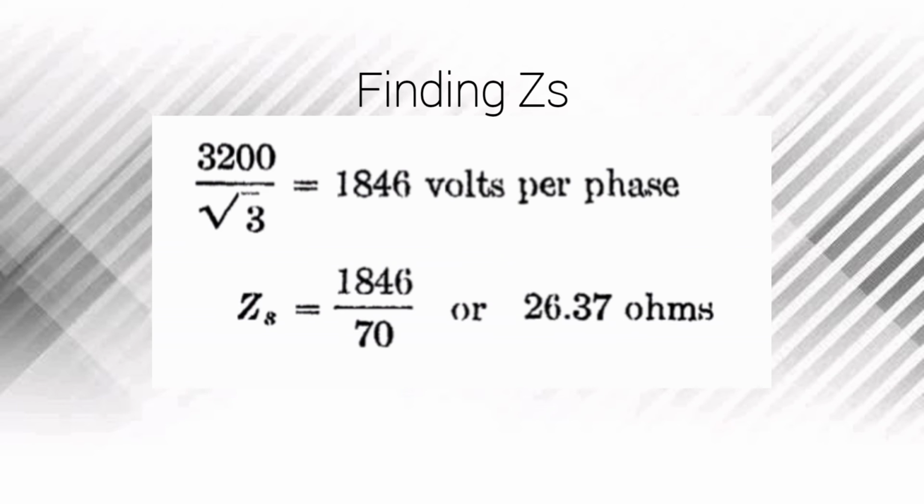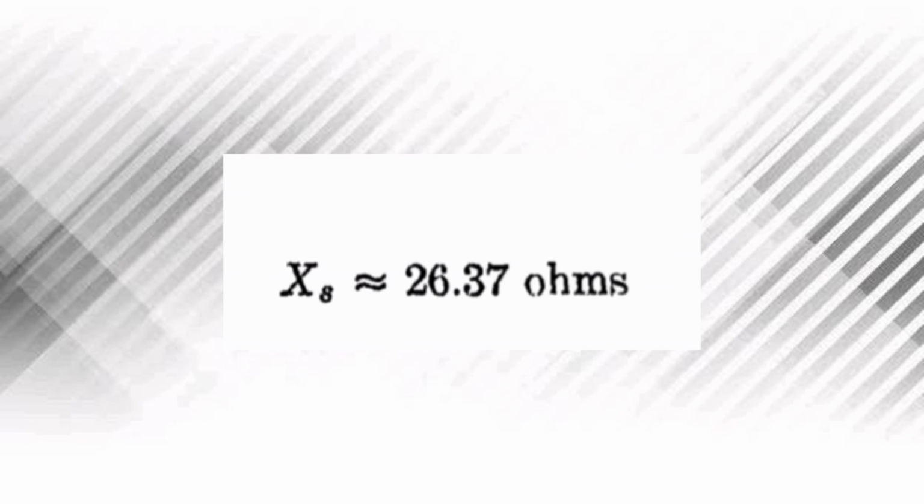But first, 3200 over square root of 3 is equal to 1846 volts per phase. Now, dividing that by the short circuit current, we will have 26.37 as the impedance, or the ZS. And as mentioned a while ago, ZS is approximately equal to XS.